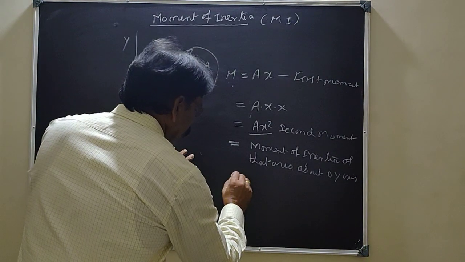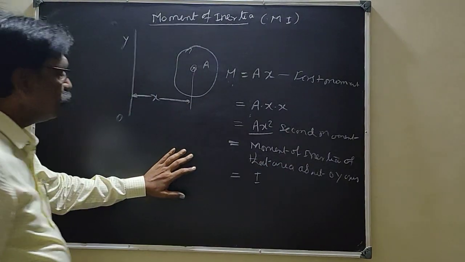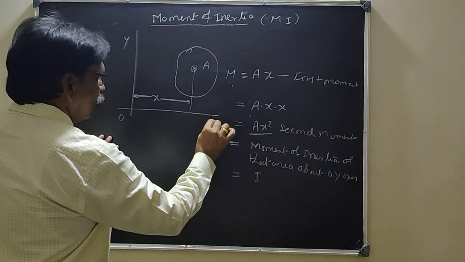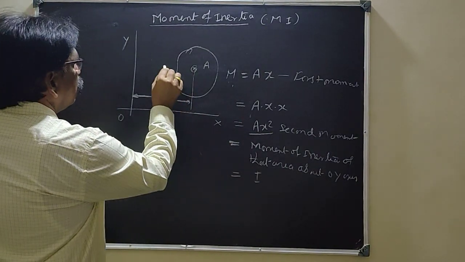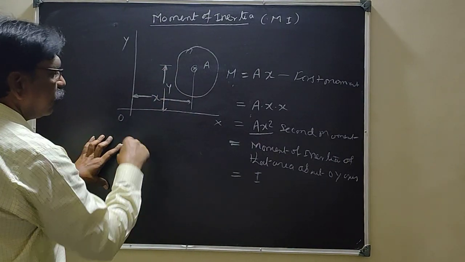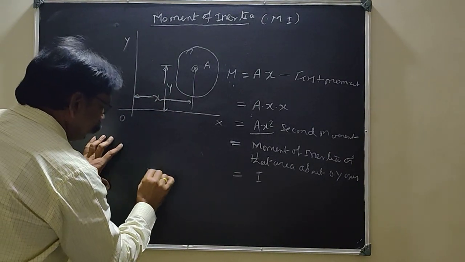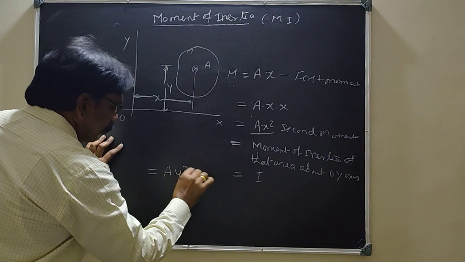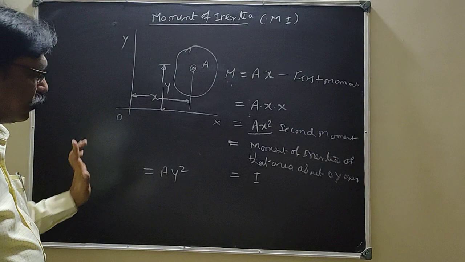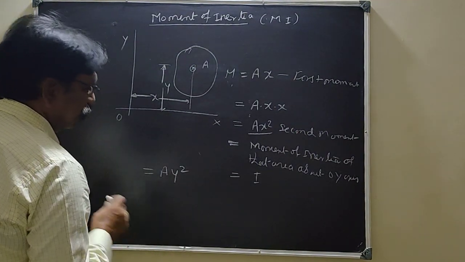Generally it is denoted by I. In a similar way, if we take another reference axis OX, then this will be the distance y, and the second moment of this area about OX is equal to AY square. That means area multiplied by the square of the distance from the reference axis.